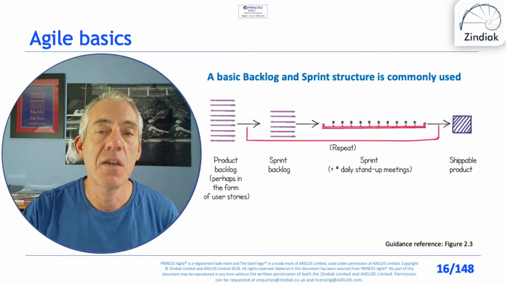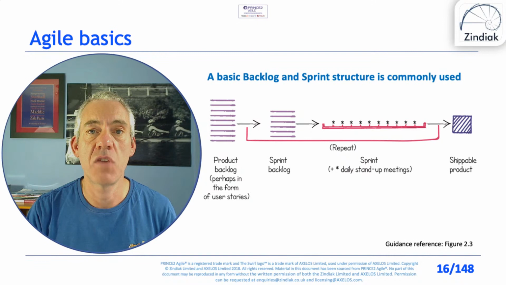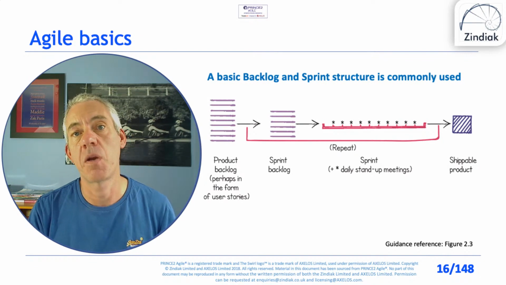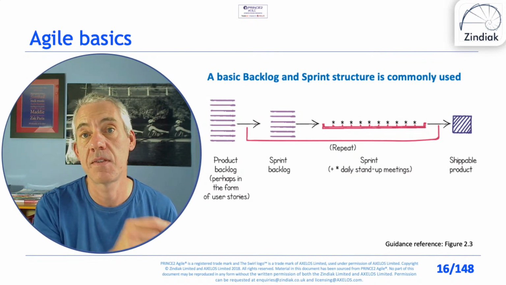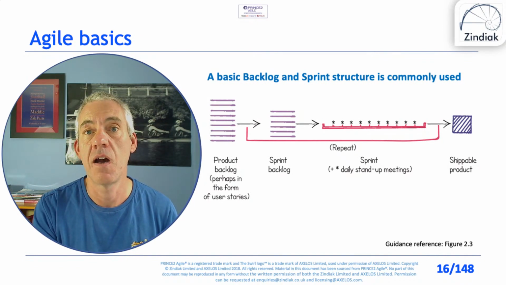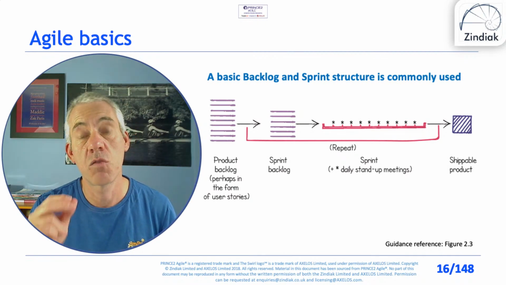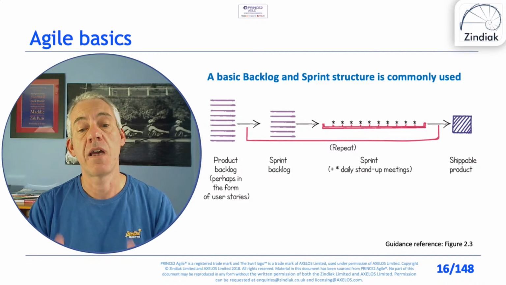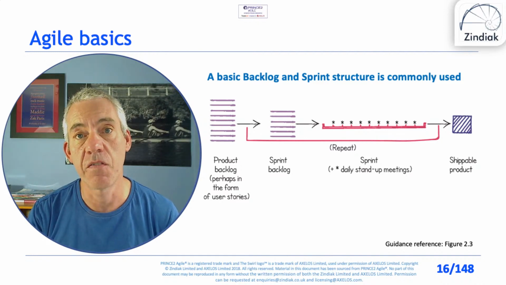And when you start the next sprint, and this is really important, you don't necessarily put into the next sprint the stuff you didn't deliver in the previous sprint. If you're doing it properly, that'll occur quite often, because you will have delivered something and the customer will say, that's great, I can get value out of that.